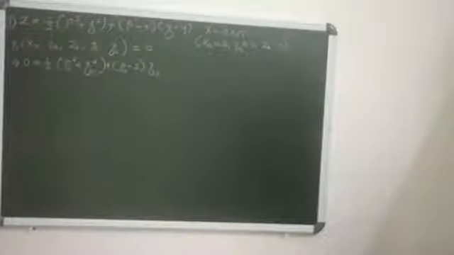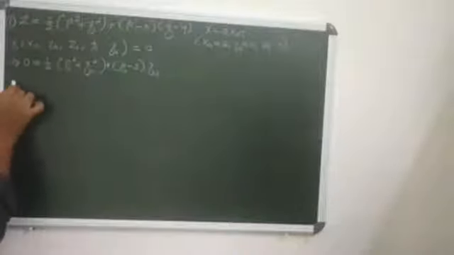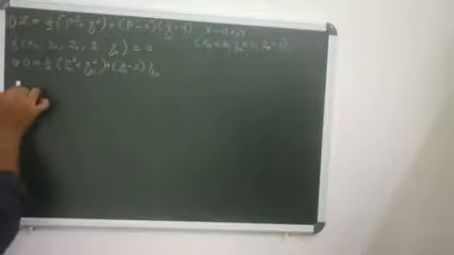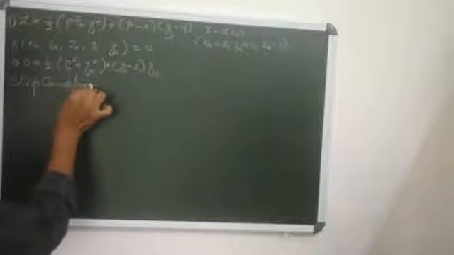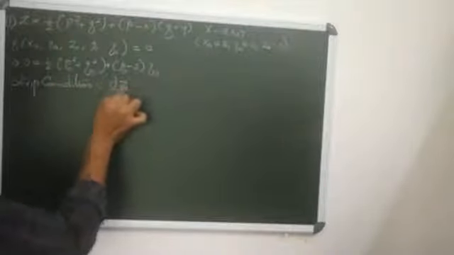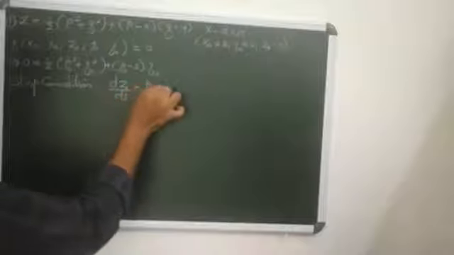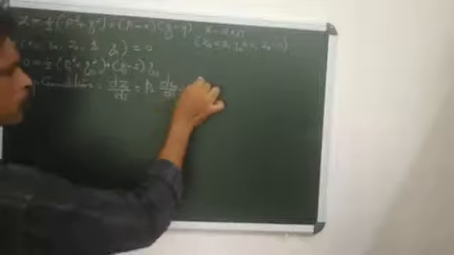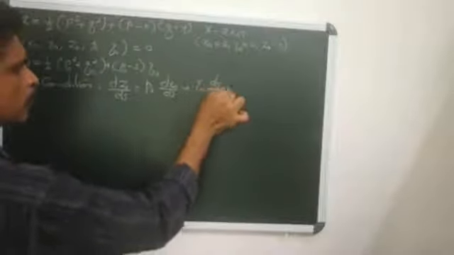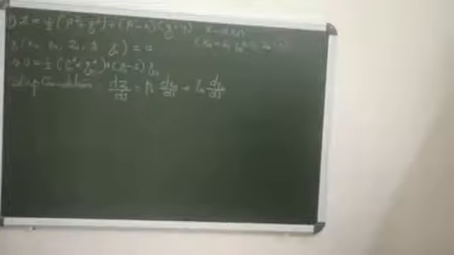So again, here the initial data curve is x_0 equals s, y_0 equals 0 and z_0 equals 0. Now, what is the strip condition? The strip condition is dz_0/ds equals p_0 dx_0/ds plus q_0 dy_0/ds.